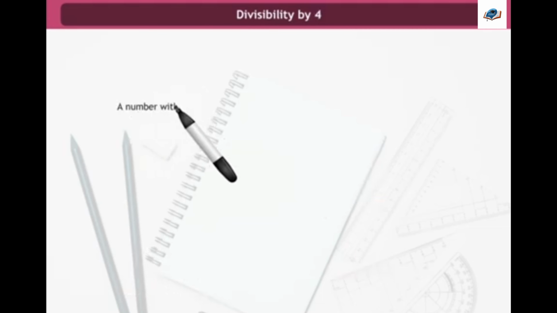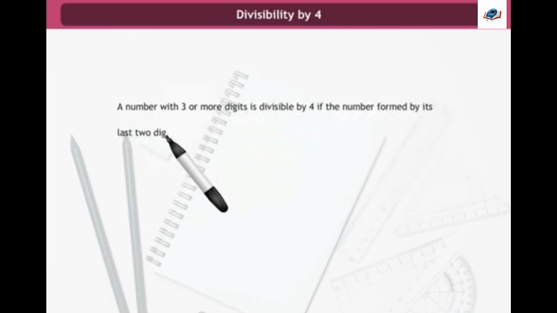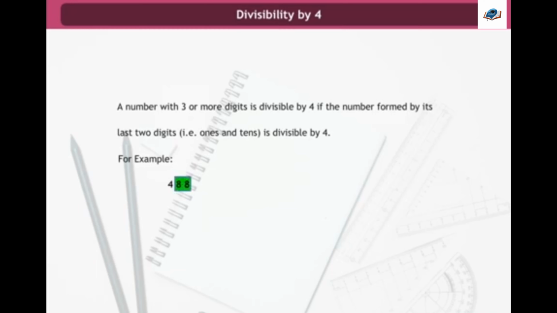Divisibility by 4. A number with 3 or more digits is divisible by 4 if the number formed by its last two digits, that is, ones and tens, is divisible by 4. For example, 488 is divisible by 4 as its last two digits, that is, 88, is divisible by 4.